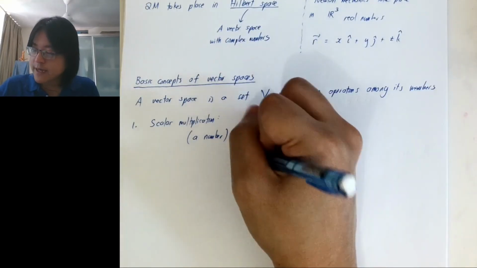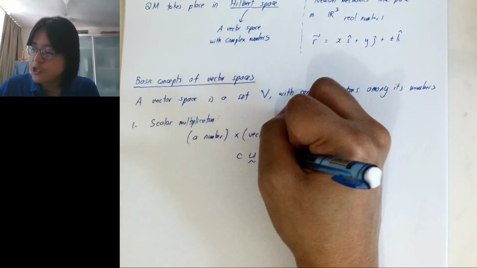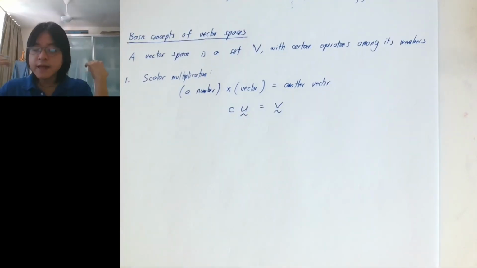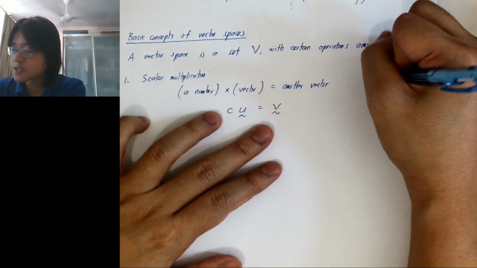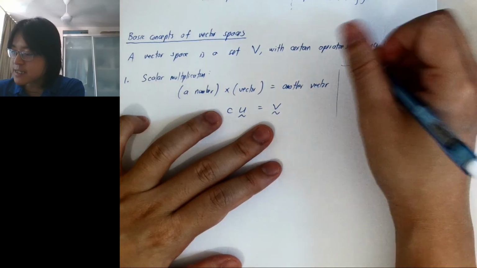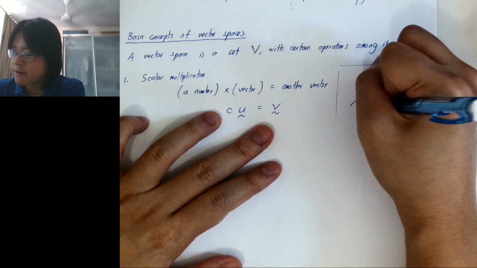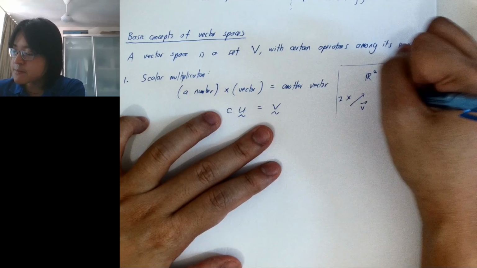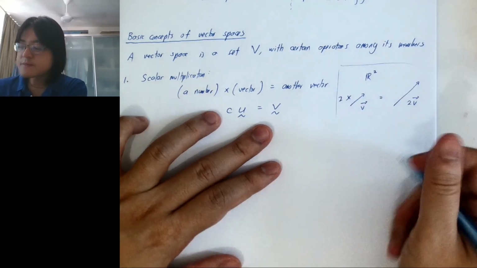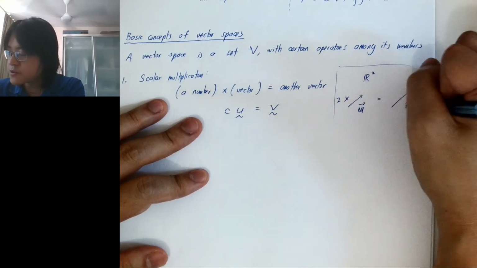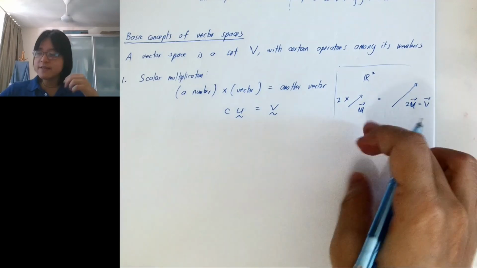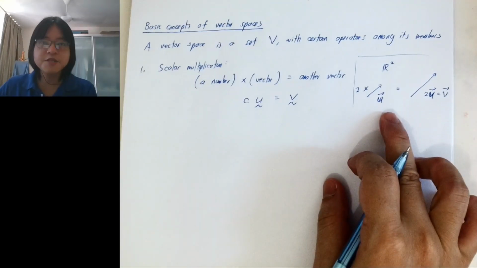So if I take a number c times a vector u, I will get a new vector v. This is basically a simple vector multiplication. In R2 it is very familiar, right? If I take a vector u and multiply it by 2, I get a vector that is twice the length, 2u. This is my new vector v.